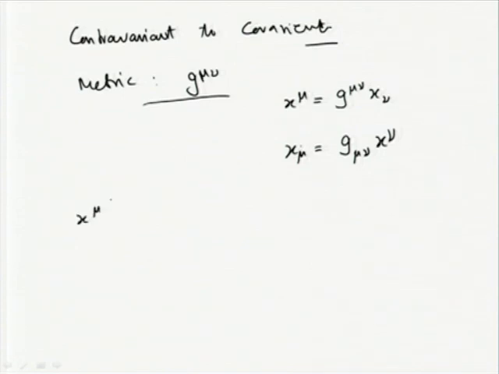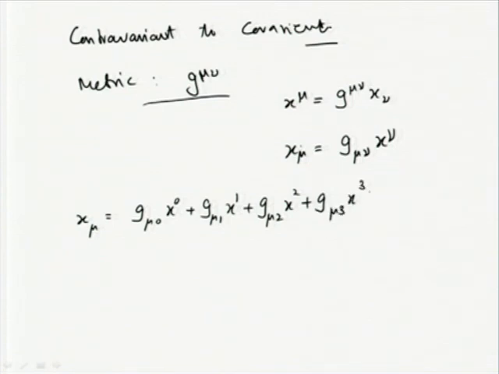So, let us take x mu, the covariant thing, that is g mu 0 x 0 plus g mu 1 x 1 upper index plus g mu 2 x 2 plus g mu 3 x 3. So, this is the meaning of this x mu equal to g mu nu x nu. Now, consider mu equal to 0 case.